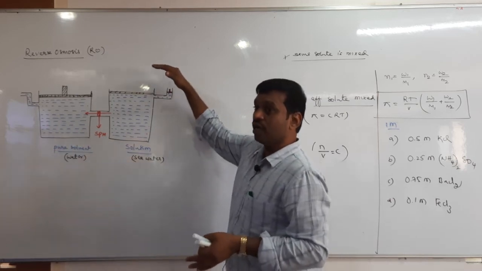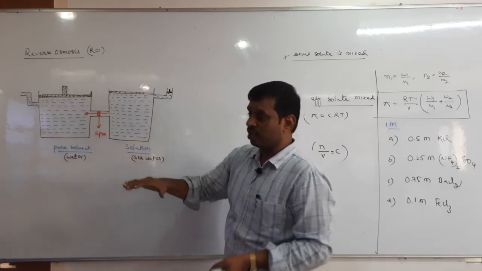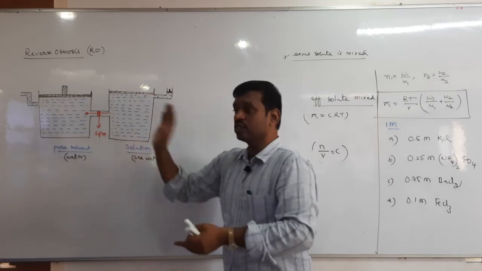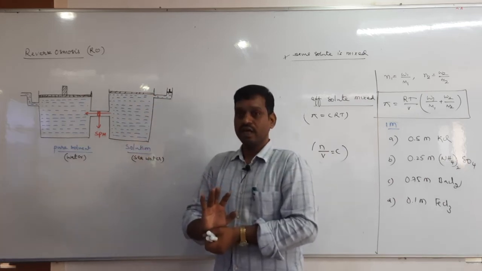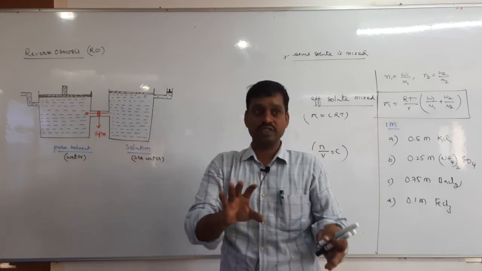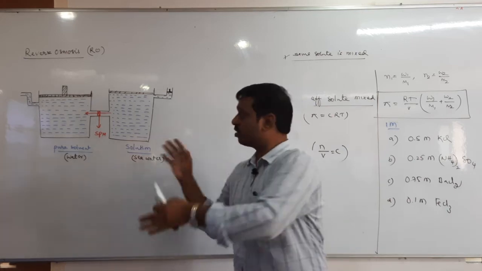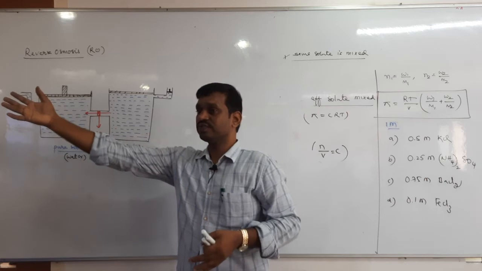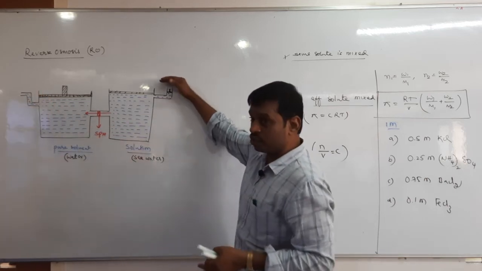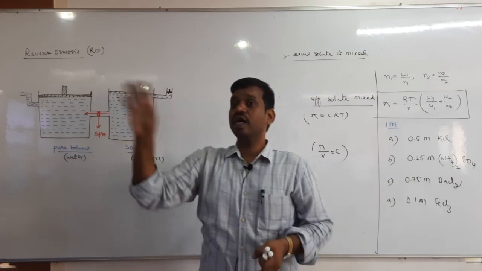Which pressure? How much pressure? Osmotic pressure. If you use osmotic pressure, then osmosis will stop. But actually our intention is not only to stop osmosis, there should be a reverse flow. Then what to do? We have to use a pressure which must be greater than the osmotic pressure.